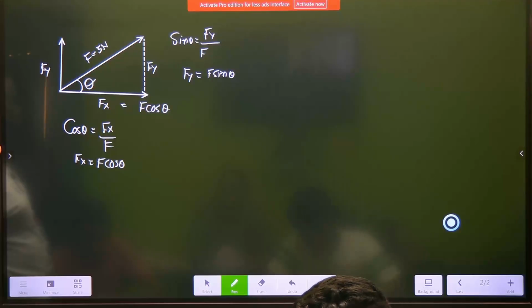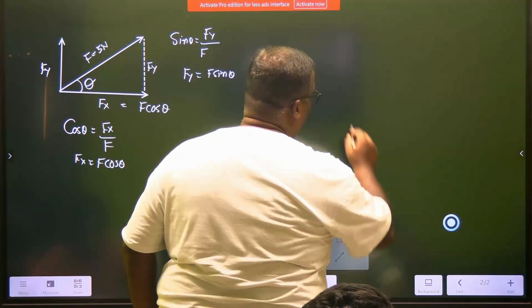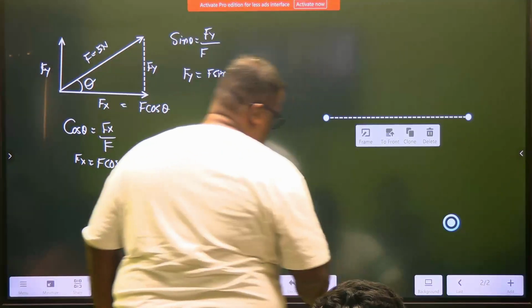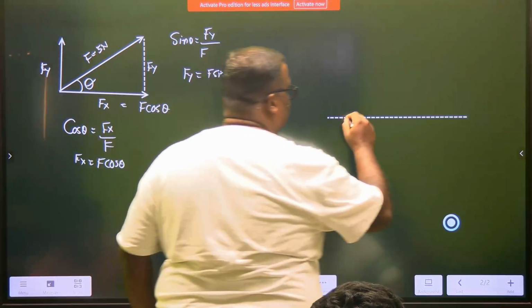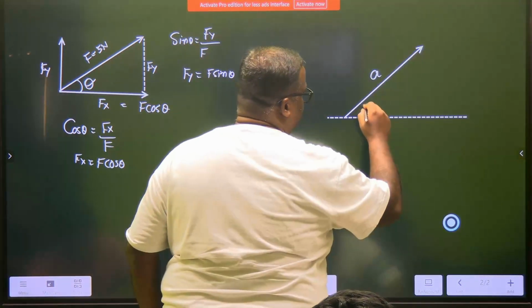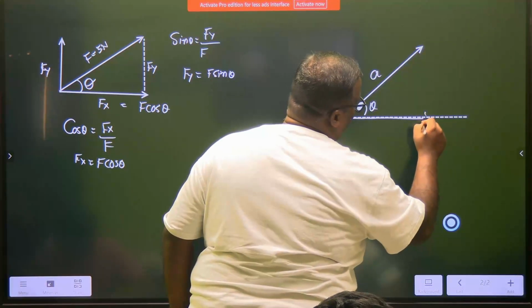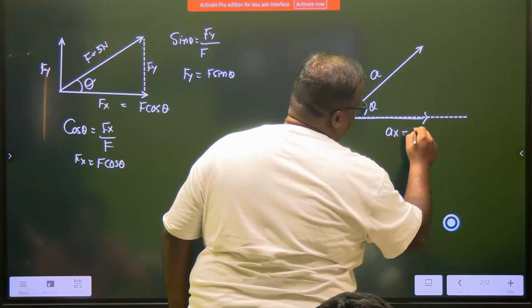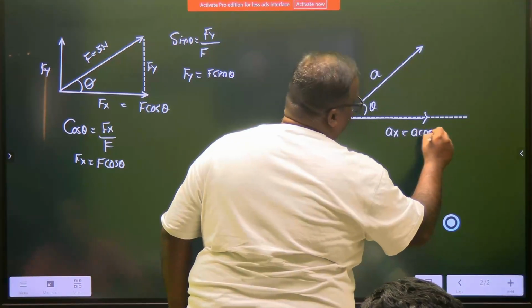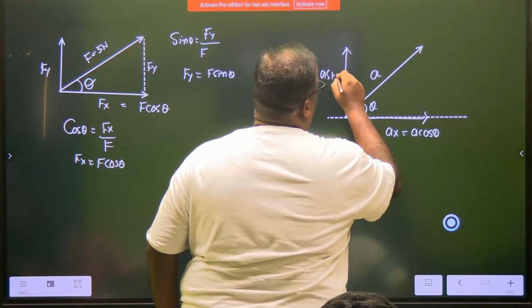Again, given a horizontal plane and a vector A which makes an angle theta, the component of A along the x-axis, Ax, is always A cos theta, and the component along this is always A sin theta.